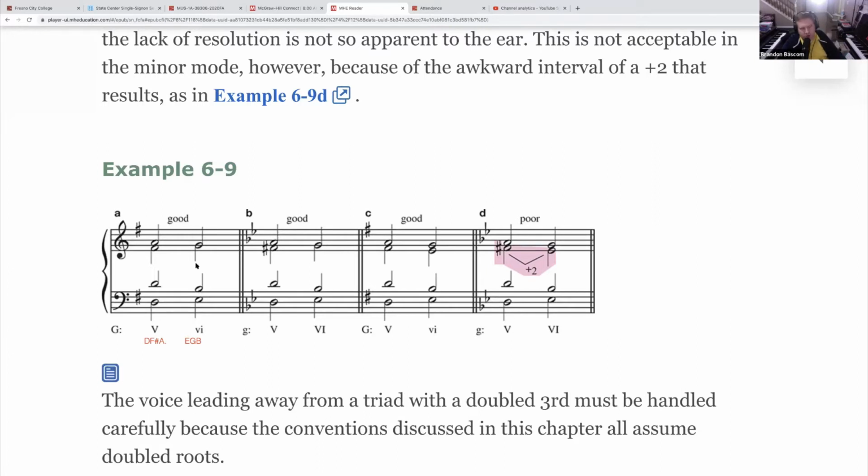And normally doubling the third is frowned upon, shall we say? It's like jaywalking maybe, huh?